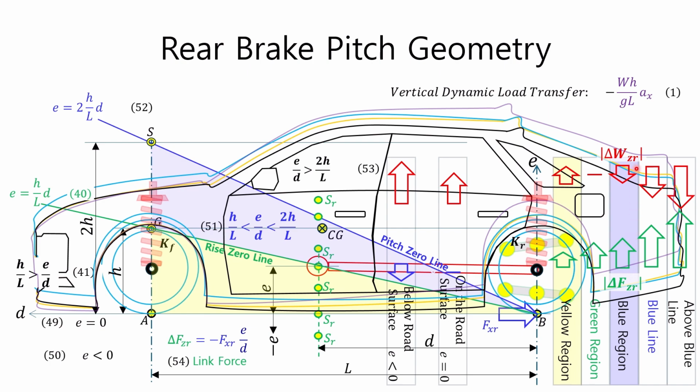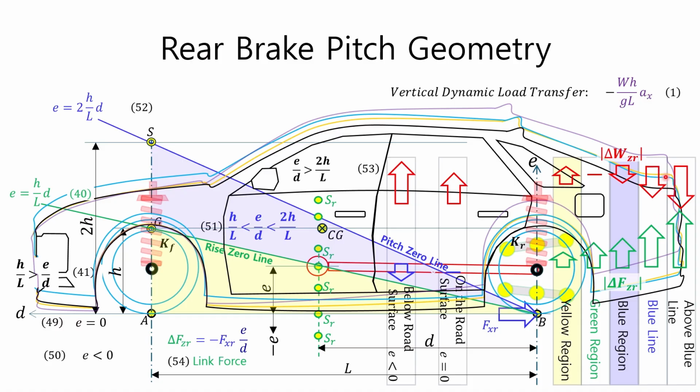Ride height decreases at both the front and rear compared to the steady state, but the decrease in ride height is greater at the front than at the rear. If the virtual reaction point, SR, exists on the blue line, the spring force, delta WZR, in absolute terms, becomes half the force of the suspension links and acts as a compressive force on the springs.